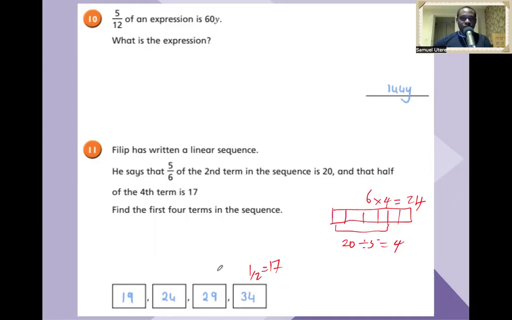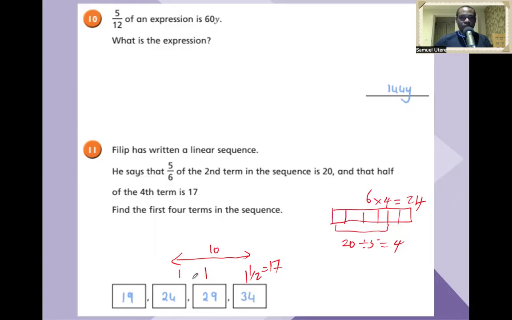We know it's a linear sequence, so what's the difference between 24 and 34? That's 10. If you remember, there was one of our lessons where we work out missing terms in a sequence. If we think about the intervals between them, we have 2 intervals, and the value between 24 and 34 is 10.